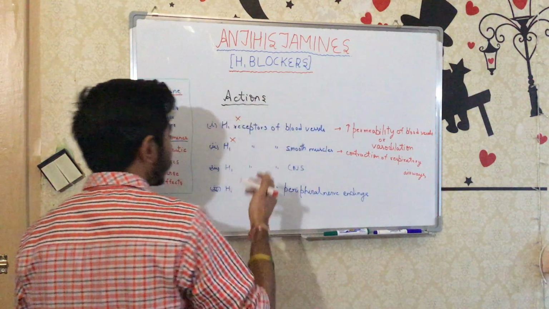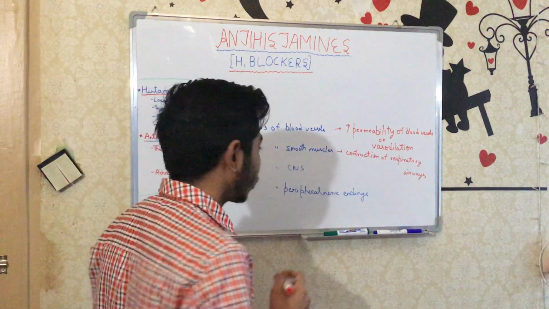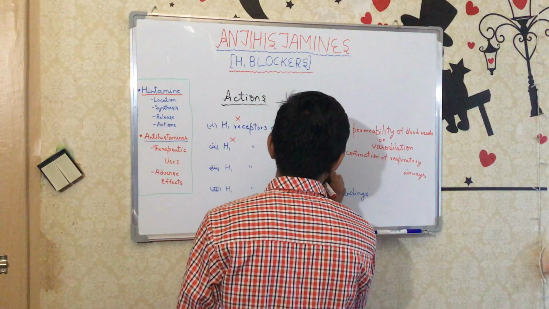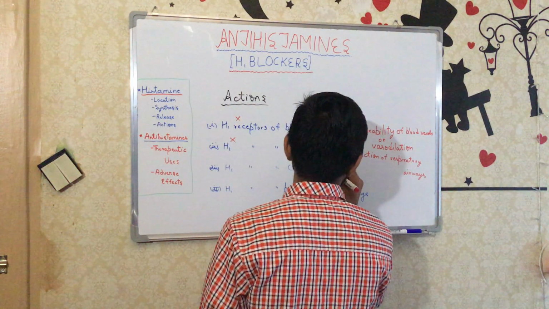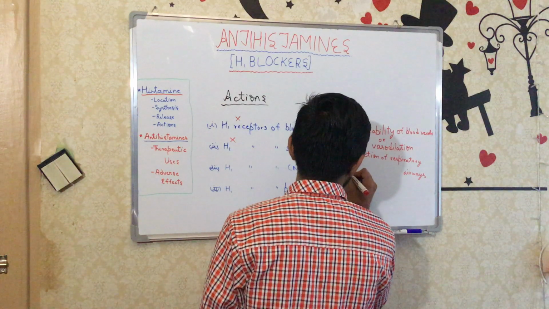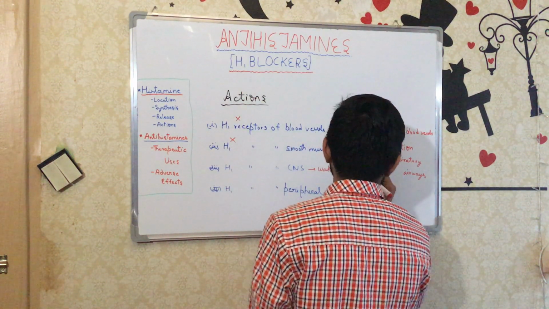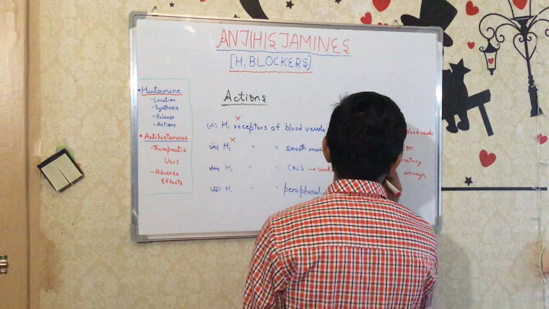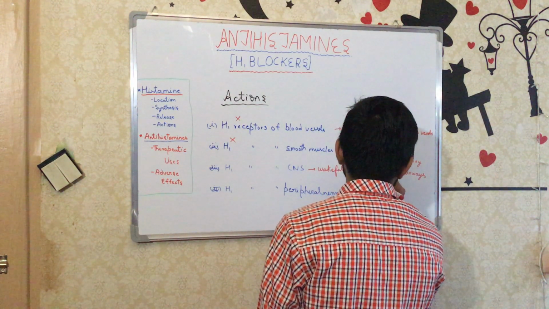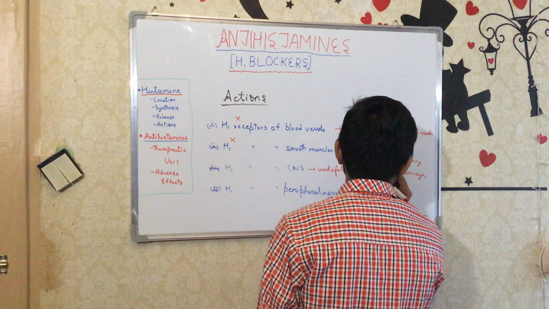Now, if they will block the receptors over there in the CNS, what it will do? It will cause the wakefulness, as well as it can increase the appetite suppression.